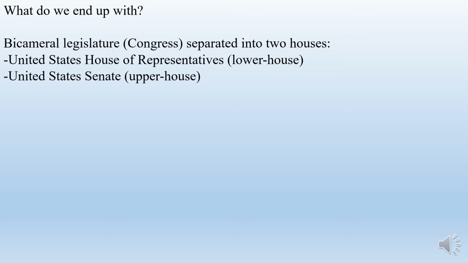The United States Senate is the upper house. The Senate currently has 100 members. There are 50 states, so each state gets 2 senators. So this is where the equality of the states is protected, and the House of Representatives is where the democratic process is upheld.